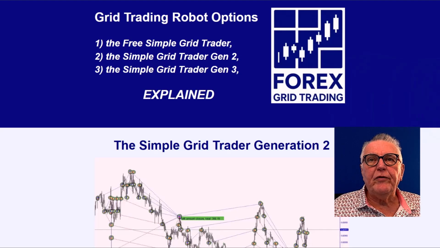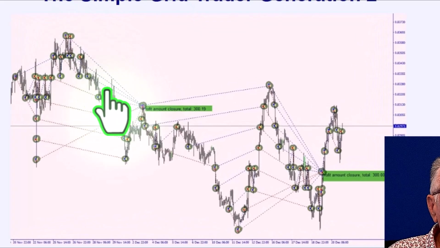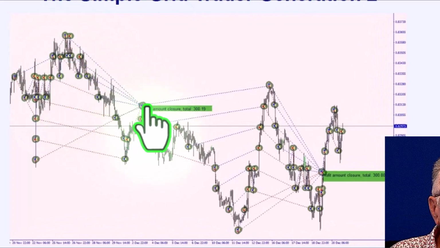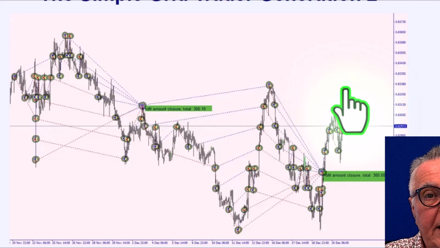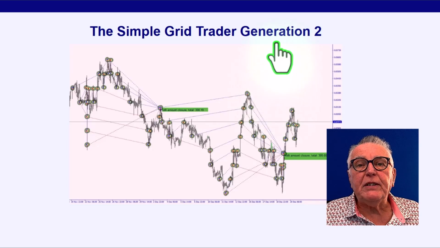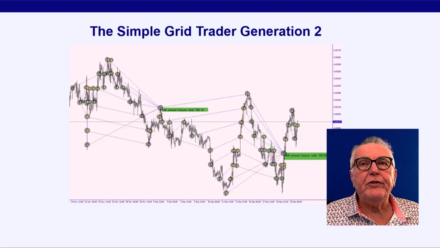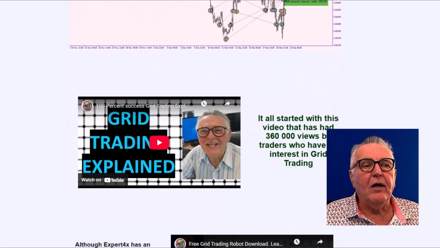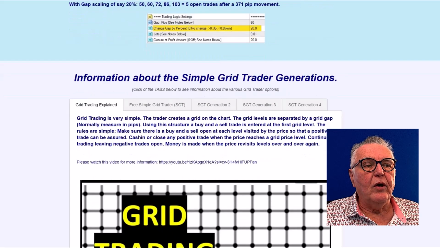And this generation 2 picture over here is a little bit easier to follow because it shows you the basket closures a lot easier. There's one basket closure, there's another big basket closure, and it continuously works that way. That's how generation 2 got the improvements that were made. And then generation 3, as you know, has now increased the grid sizes as it goes along.